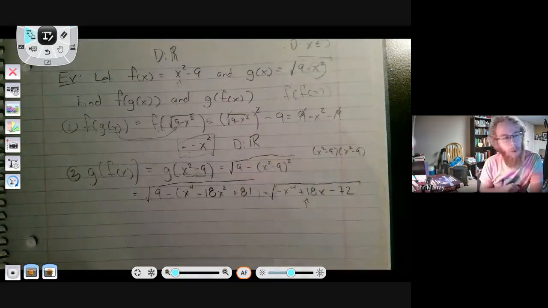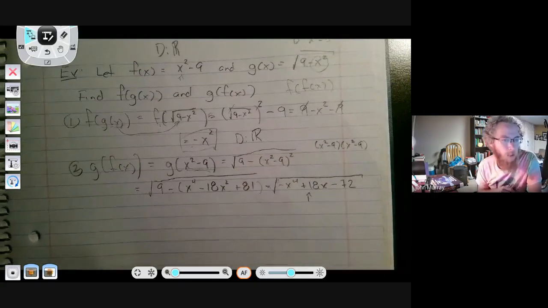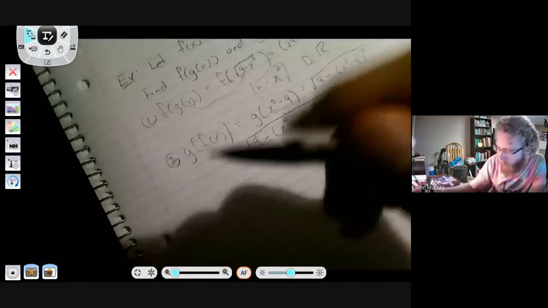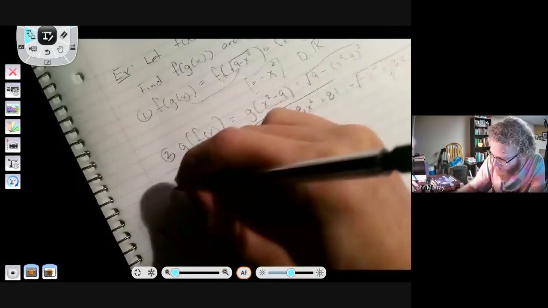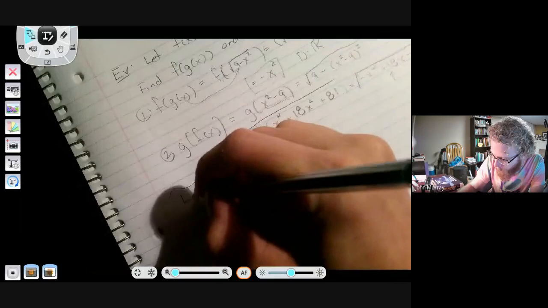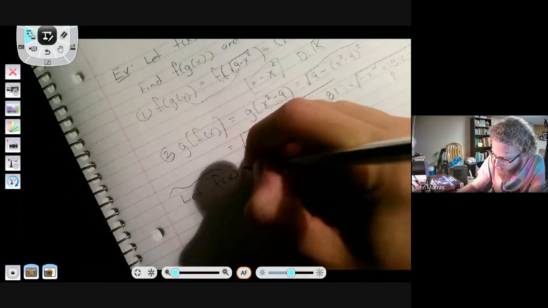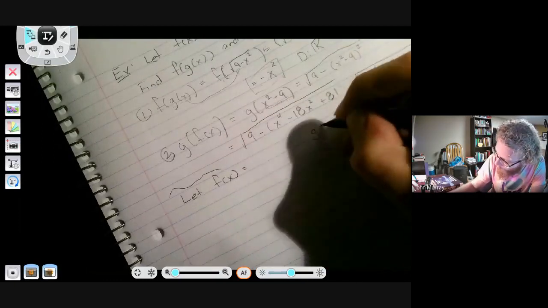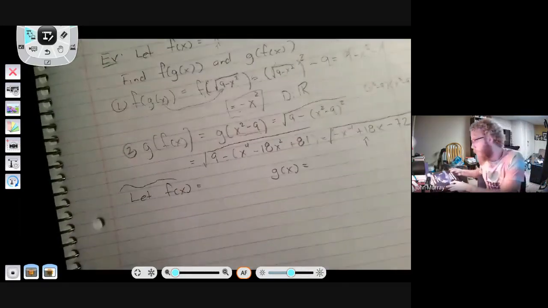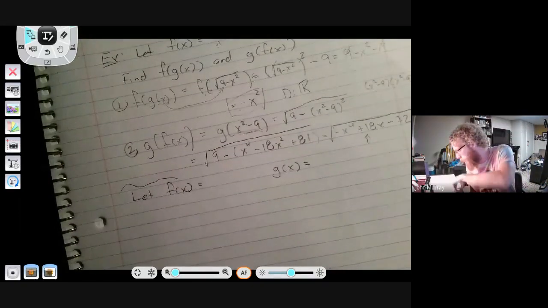Let's do one more example like this, and then we'll move on to what we're doing today. Maybe I'll do a simpler version. Let me see if they have an example here, so I'm not just making up.